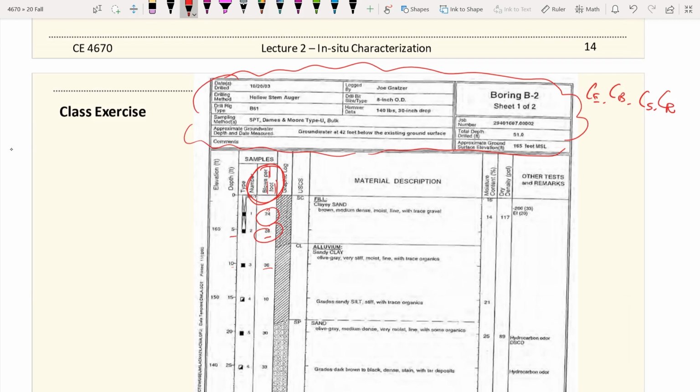But if you work on a new project, where you can hire your own contractor to do the SPT-N values for you, then very likely you can obtain that information from the contractor, because they need to provide everything from the equipment they're using.